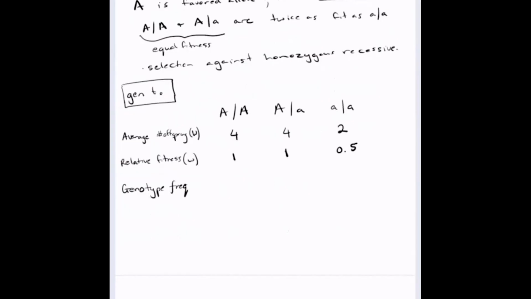We're in Hardy-Weinberg equilibrium, and you all know how to compute genotype frequencies given the allele frequency. Has anyone got a frequency for me? 0.1 squared, which is what? 0.1 squared is p squared, right? We get our p squared. That's 0.01 in this case.